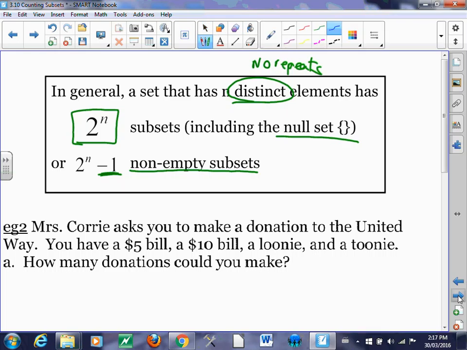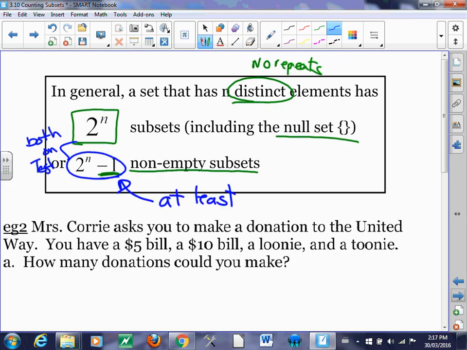So on your unit test, if it doesn't specify, I would give both answers. You can specify it's this answer with the null set, or subtract 1 and go 1 less. Remember that this phrasing would also be used if you have to have at least one person in the group.